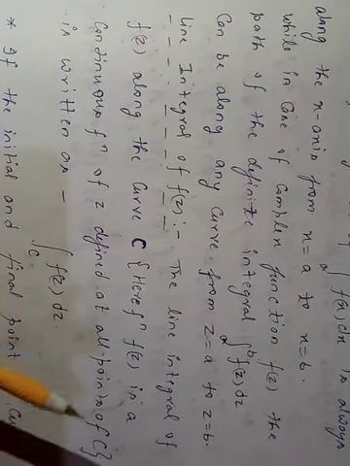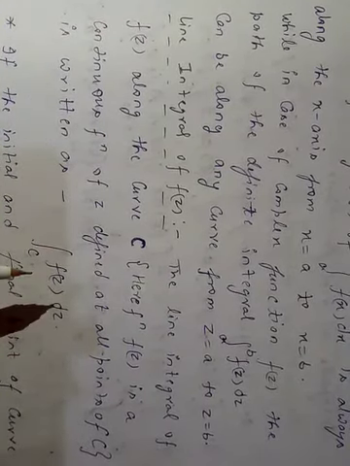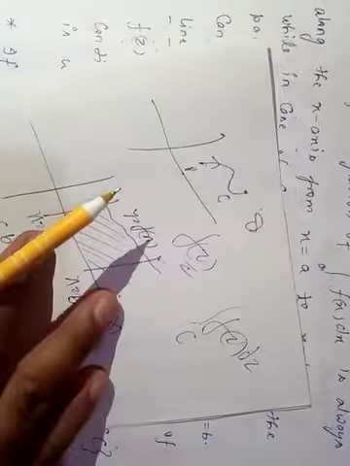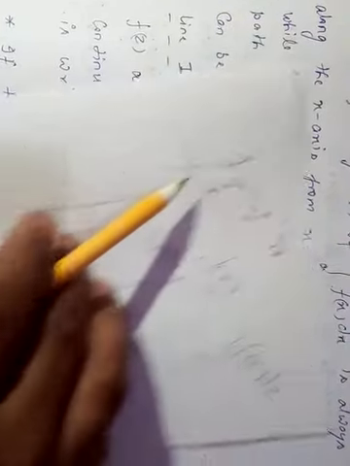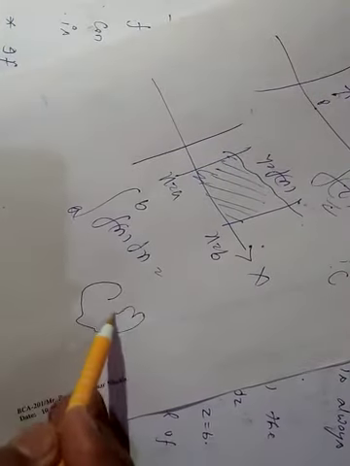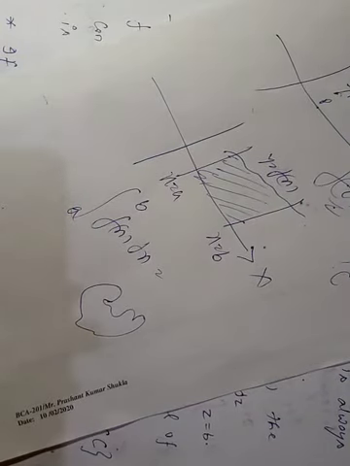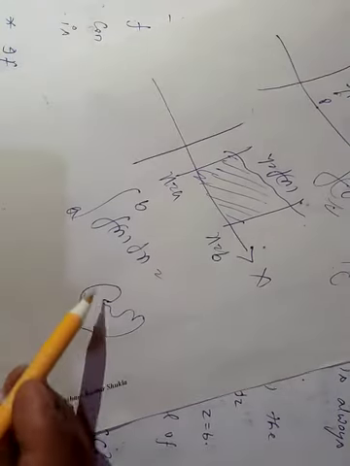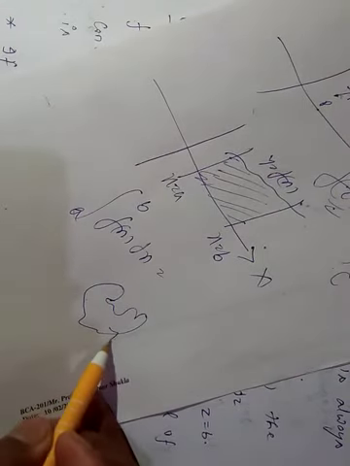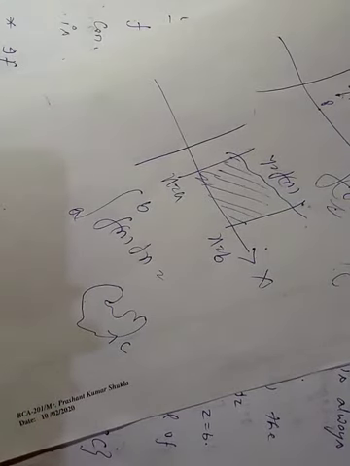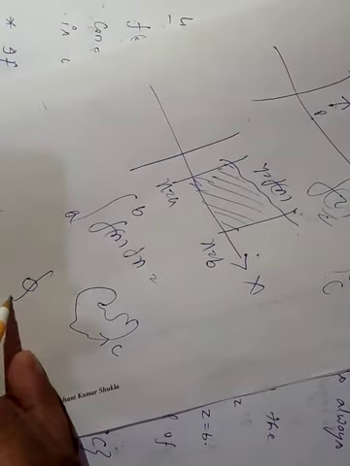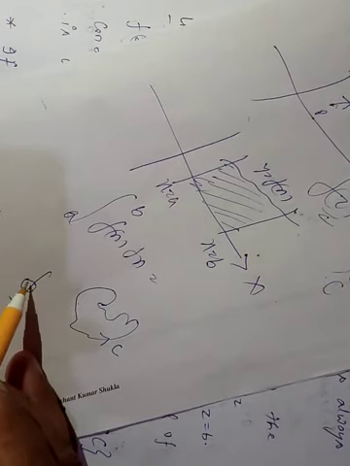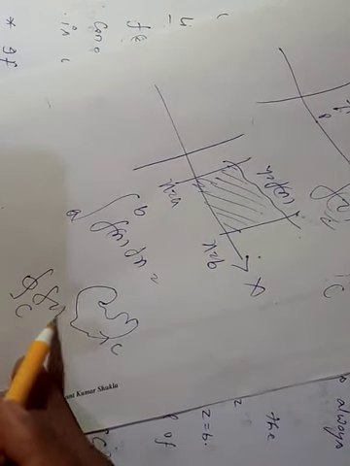Here the function f(z) is a continuous function of z defined at all points of c, and it is written as this. Suppose the starting and ending points of the curve are the same or coincide, then in that case we say that this curve is a closed contour, and we represent it by this symbol: the line integral over closed curve c of f(z) dz.